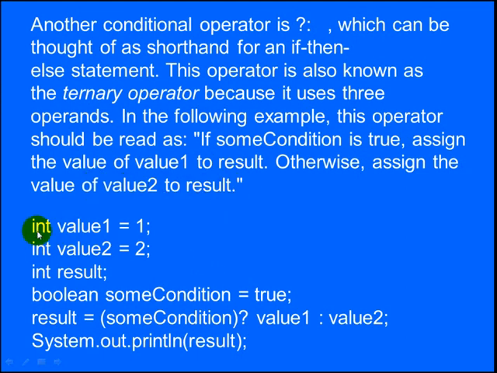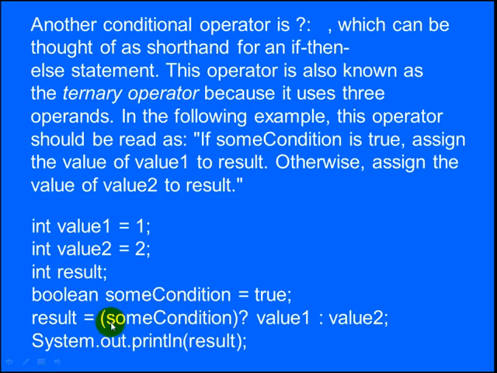So let us take an example. We have two variables, value 1 equals 1 and value 2 equals 2, and one more variable, result. Now we have one more boolean variable, someCondition, and we have assigned true to it. Now the syntax is, we have a conditional expression. This conditional expression will either evaluate to true or false.